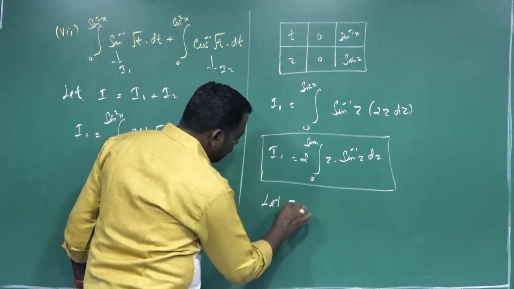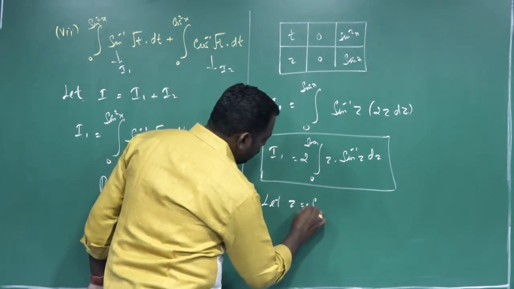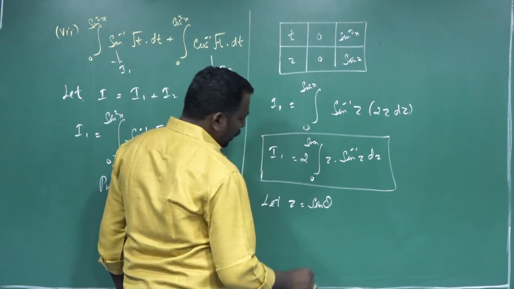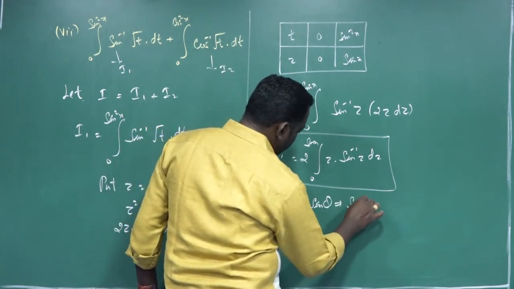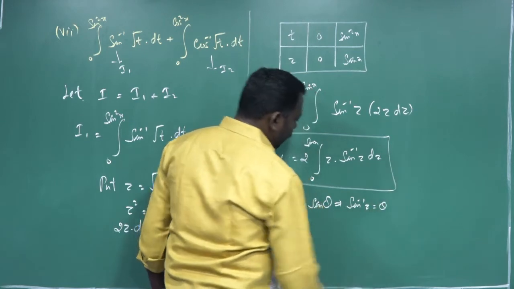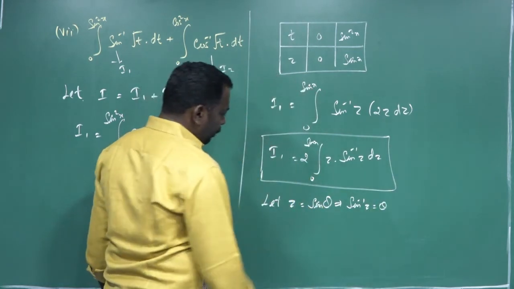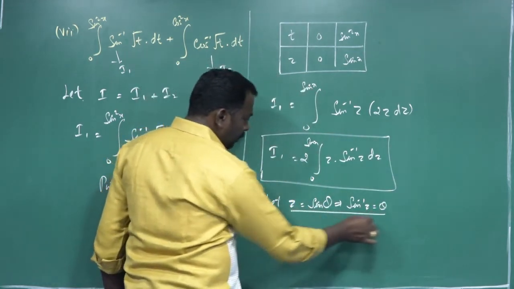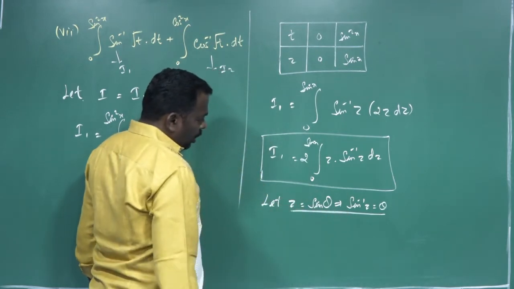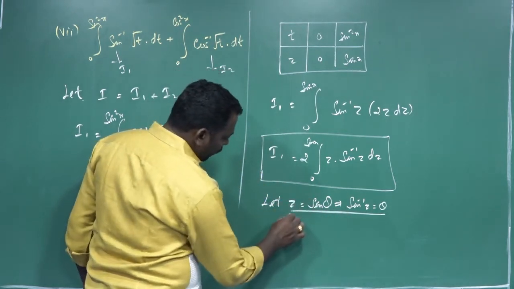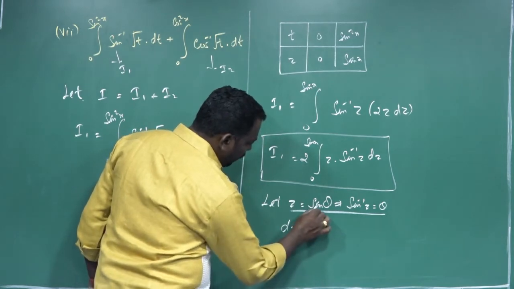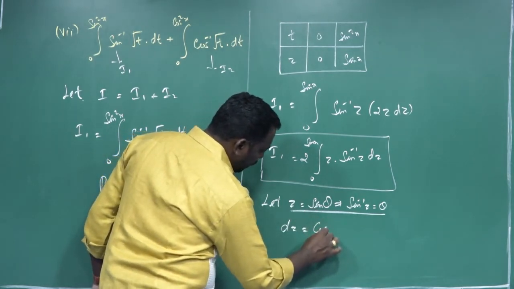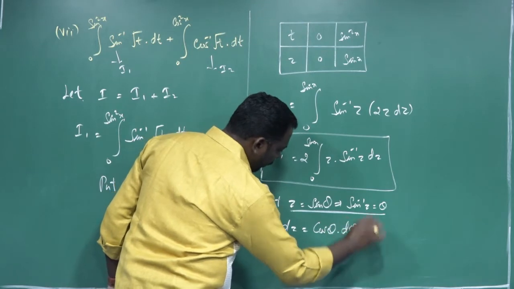Let us consider z equal to sin theta. That implies sin inverse of z is equal to theta. Now differentiate: dz is equal to the differentiation of sin theta, which is cos theta d theta.